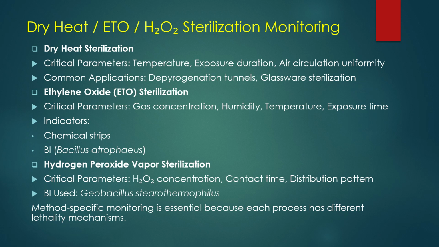Hydrogen peroxide vapor sterilization is monitored through H2O2 concentration, contact time, and distribution pattern, with Geobacillus stearothermophilus used as the biological indicator. Method-specific monitoring is essential because each sterilization process has a different mechanism of microbial lethality.